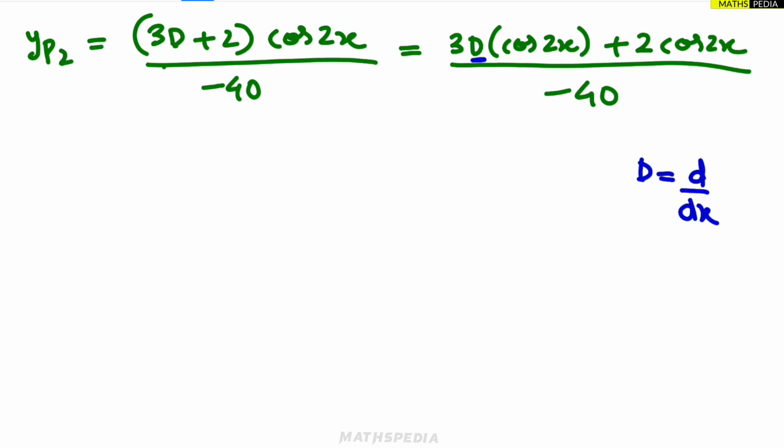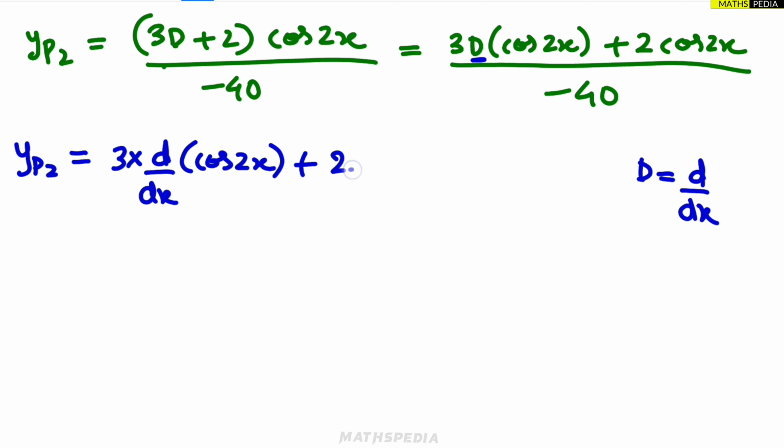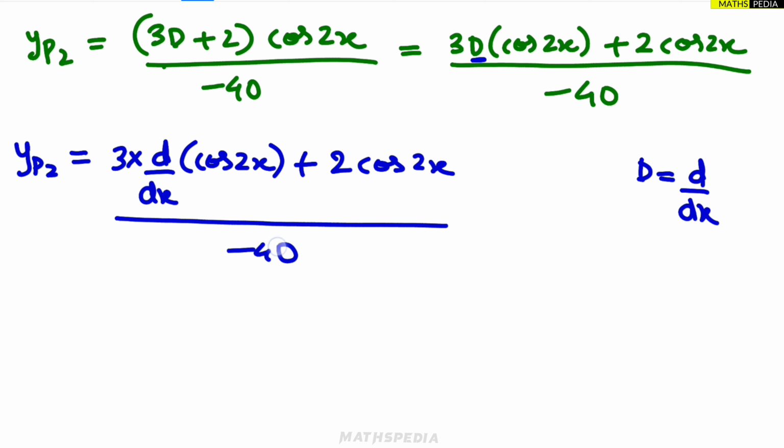So d by dx is differentiation of a function with respect to x. So here we can write it as 3 into d by dx cos 2x plus 2 cos 2x as it is, whole divided by minus 40.